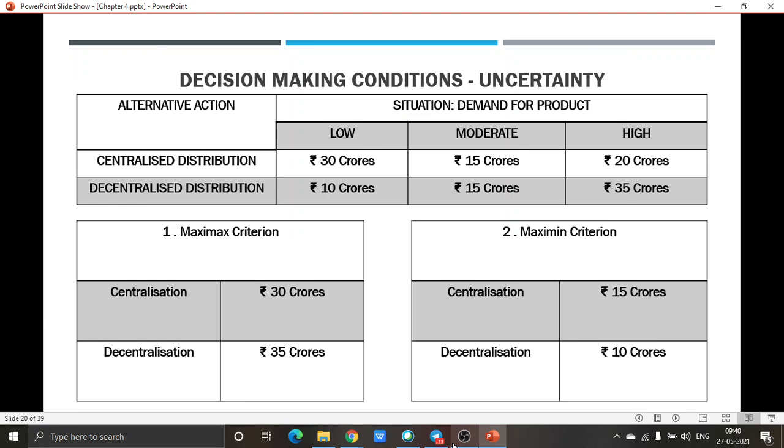Then with this particular slide, we gave examples for all the four different criteria.